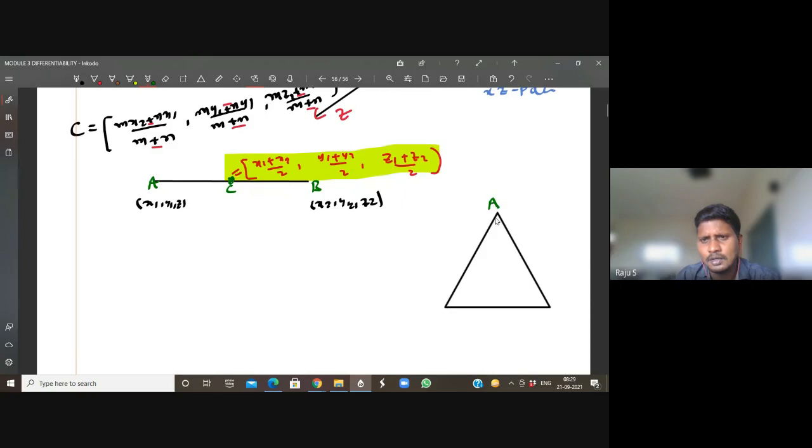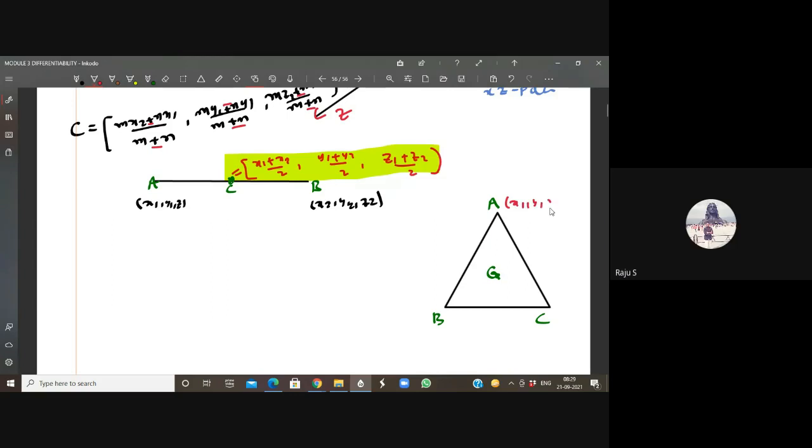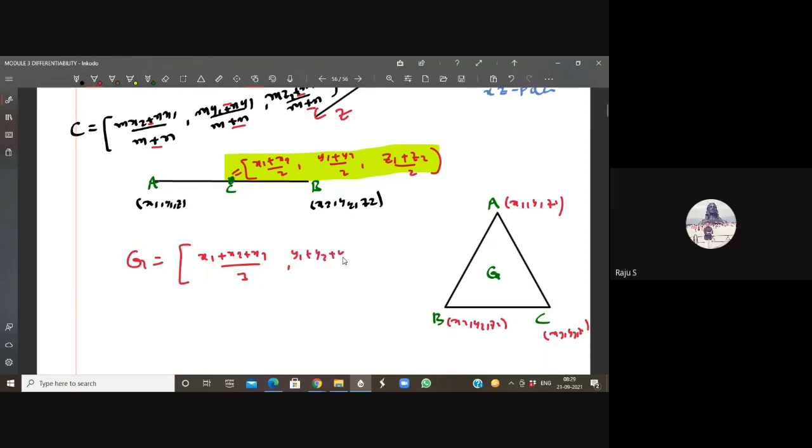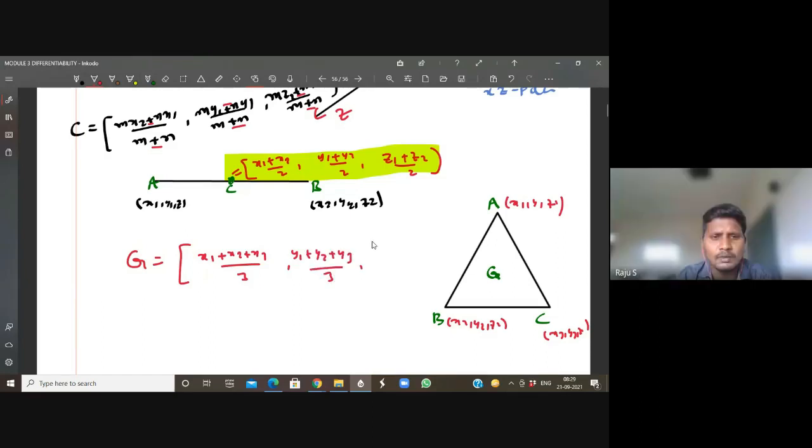A, B, C. The centroid is clearly the point of intersection of medians, and the centroid can be denoted by capital G. So if the vertices are x1, y1, z1, and x2, y2, z2, and x3, y3, z3, then the centroid G is equal to x1 plus x2 plus x3 by 3, y1 plus y2 plus y3 by 3, and z1 plus z2 plus z3 by 3.